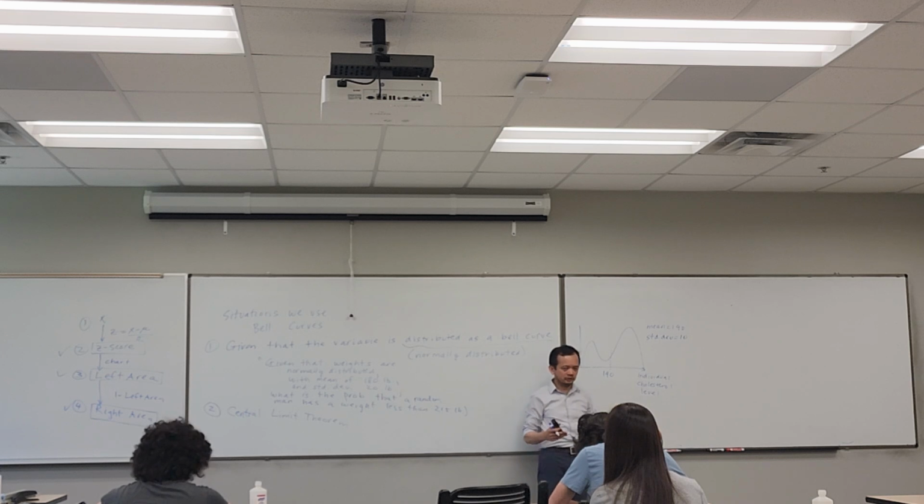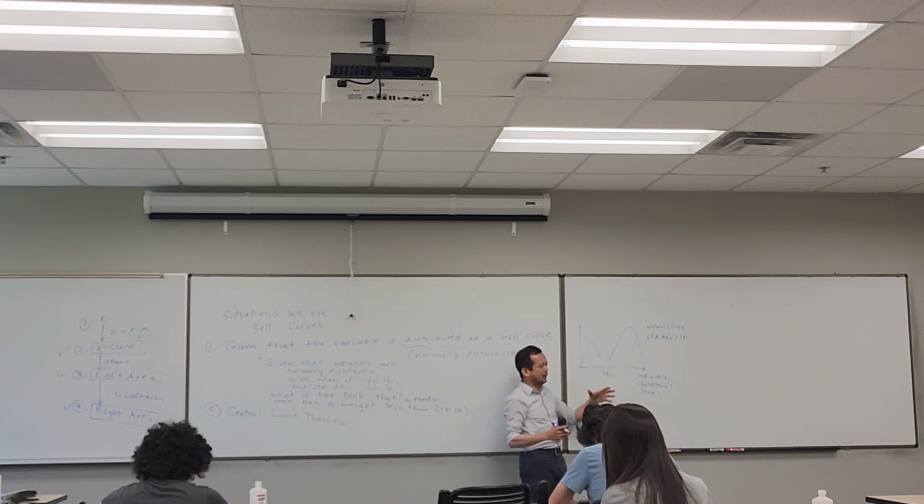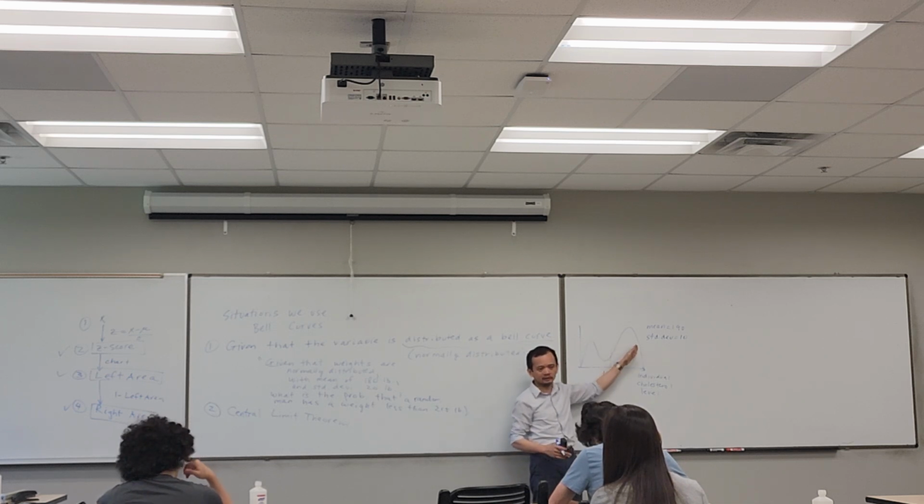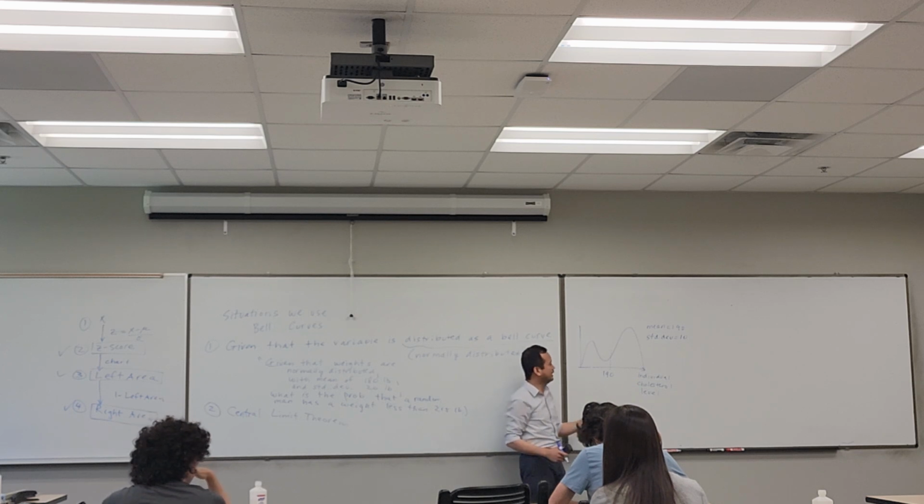So people could choose to live healthy lifestyles, or they could choose not to. And in that sense, they would align to either having low cholesterol or high. Okay, so this is just an example of a variable that is not distributed as a bell curve.